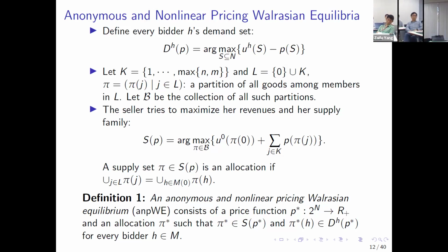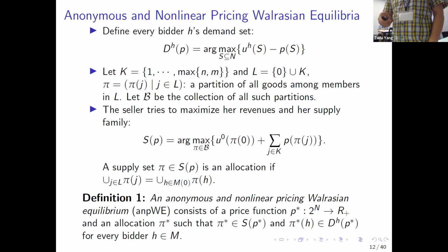Okay, we are interested in the case where a supply set partition is an allocation, exactly, and this should be equal to the assignment among all agents. So this is something we want to have.